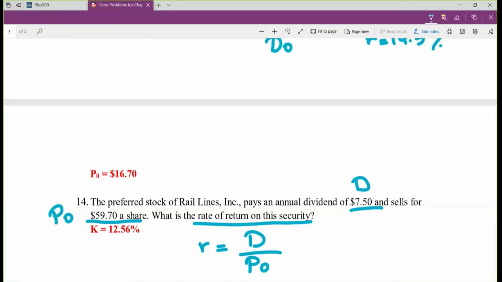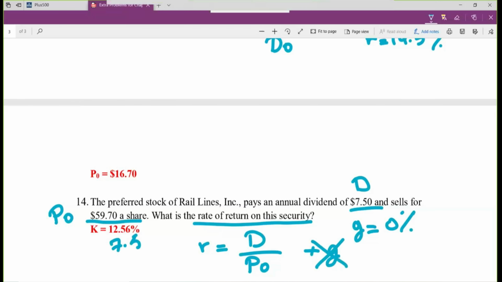Because remember, for preferred stocks, the growth rate is equal to 0%. So still, if I'm applying the main formula plus g, g is equal to 0, so there's nothing here. So R equals D 7.5 divided by 59.7, and the answer is 12.56%.